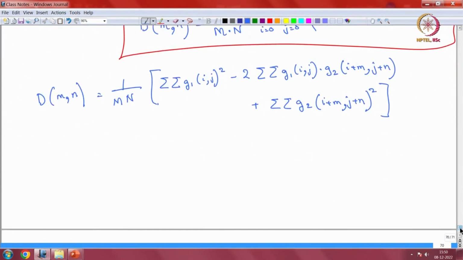Now what I am going to do is see this particular cross term that is in the middle. I am going to try and isolate that and rewrite it in terms of everything else. So I am going to isolate this cross term and bring it onto my left hand side.